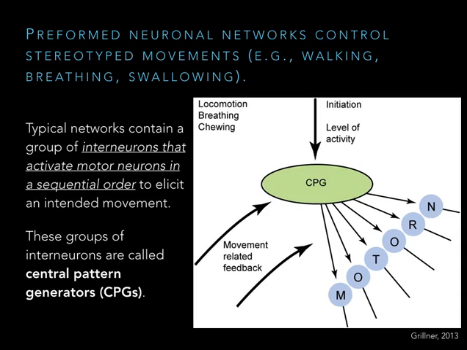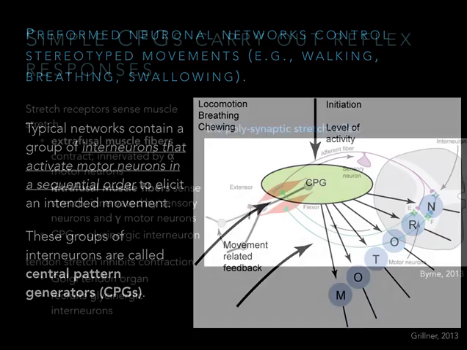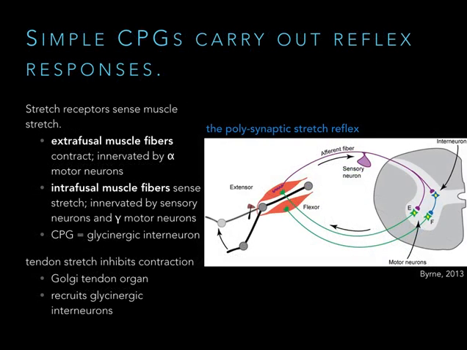So these central pattern generators are going to take the input from upon high, from the cortex and others, and the input from sensory neurons, and use that to help control our muscles. So the simplest central pattern generators are going to just carry out the simple reflexes that we've already learned about.